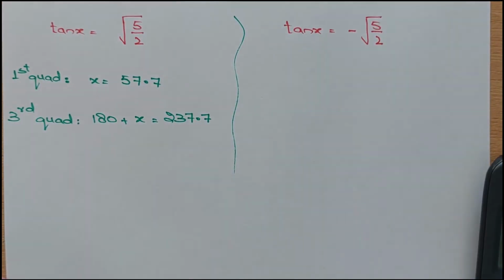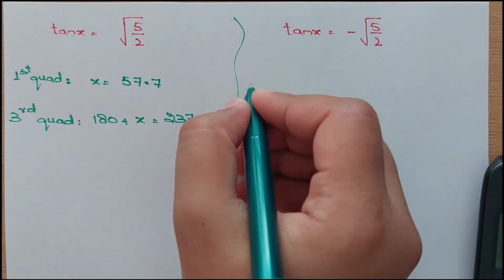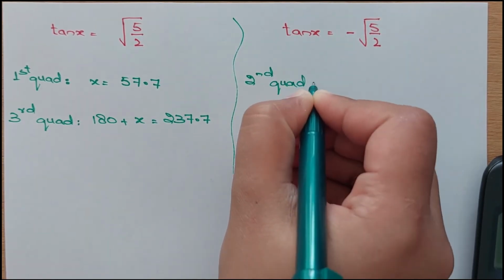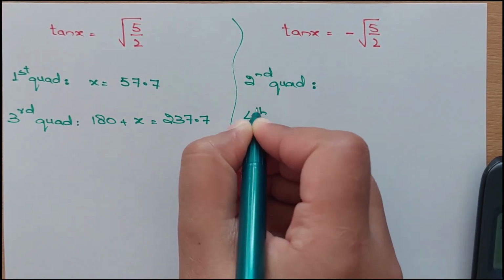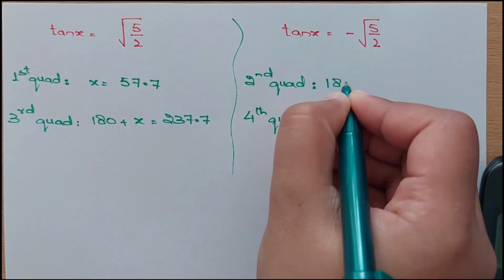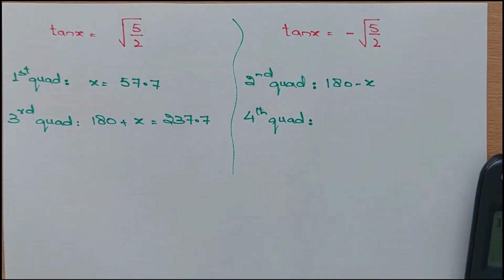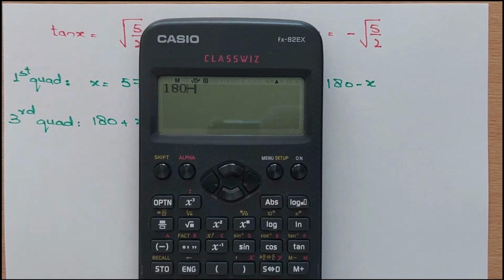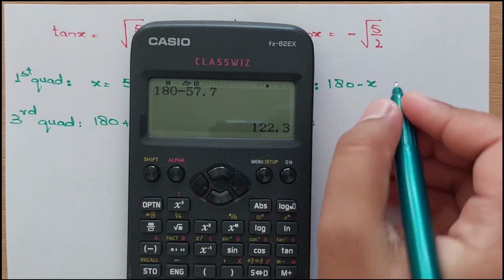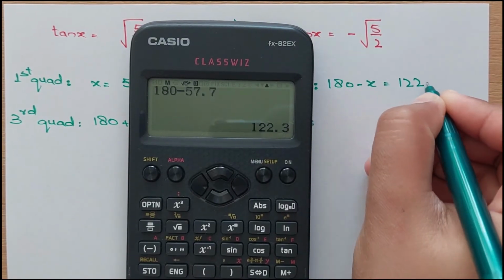Now for the second case, tangent is negative in second and fourth quadrant. Second quadrant and the fourth quadrant. So for the second quadrant, we have to do the operation 180 minus the x value. So 180 minus 57.7, that is 122.3. This is 122.3.